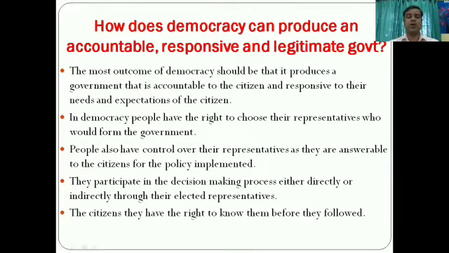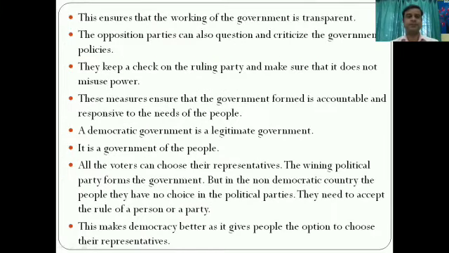People also have control over their representatives as they are answerable to the citizens for the policies implemented. They participate in the decision making process either directly or indirectly through their elected representatives. The citizens have the right to know about them before they are elected. So these are the important points related to accountable, responsive and legitimate government.